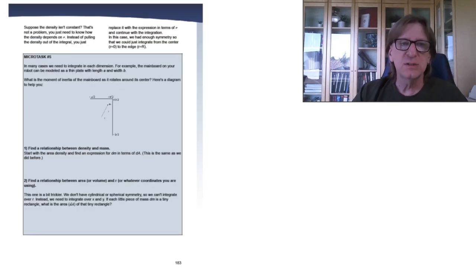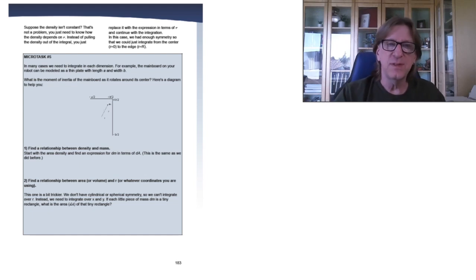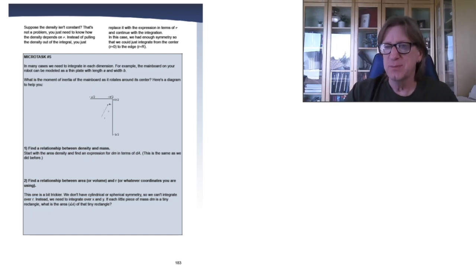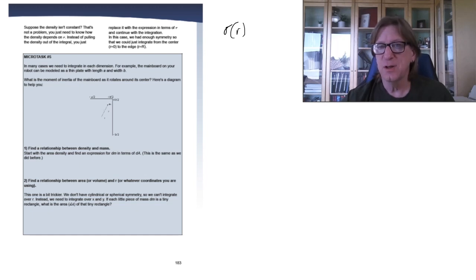Okay, so what if I've got some other shape? Maybe the density isn't constant. Well, if the density isn't constant, like we said, then my sigma here is just going to be a function of r. Maybe it equals some constant times r to the 1/3 or something really weird like that. That's okay.